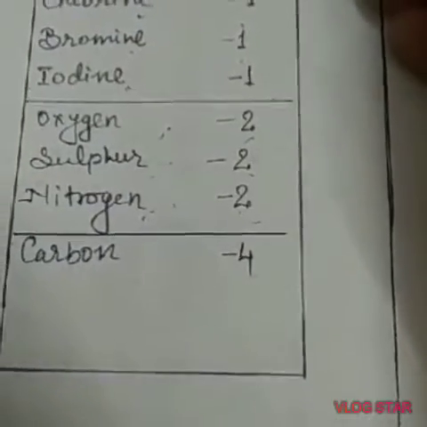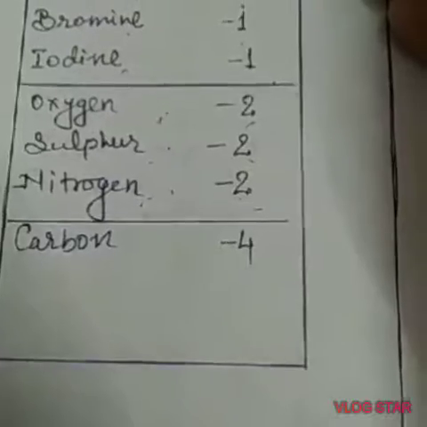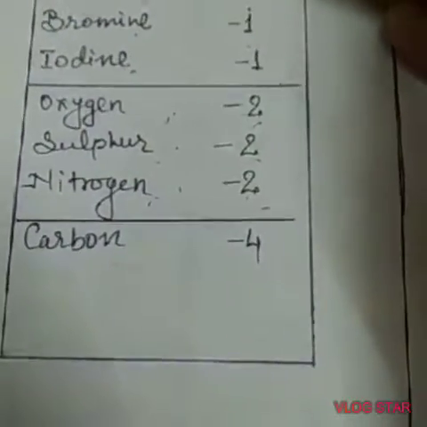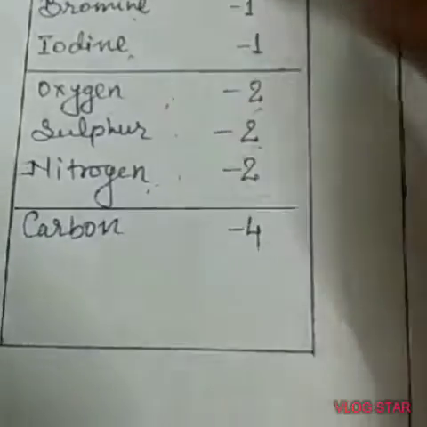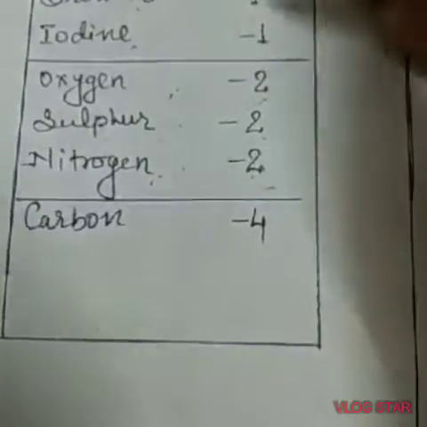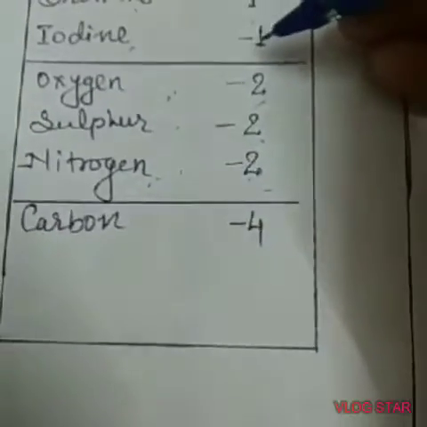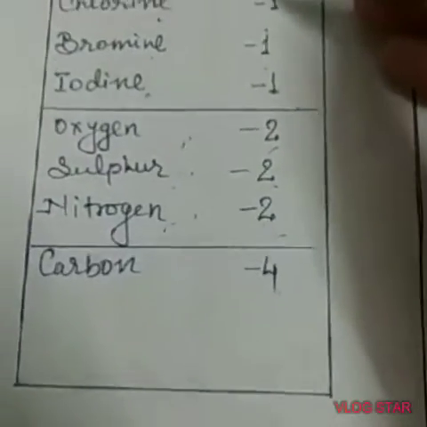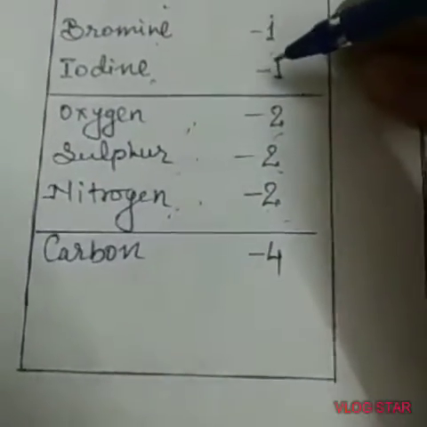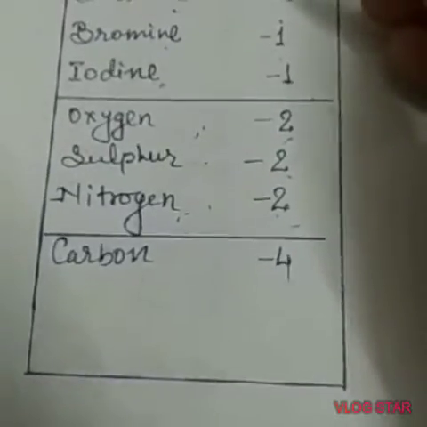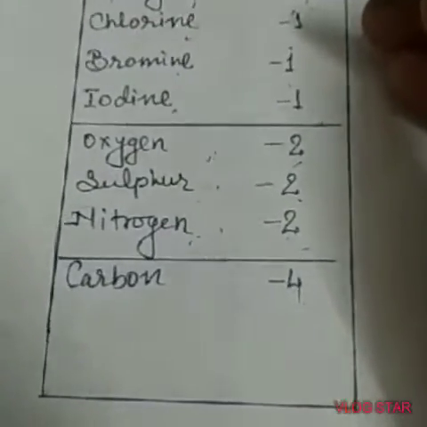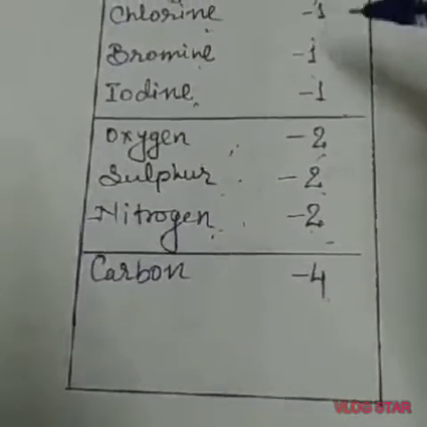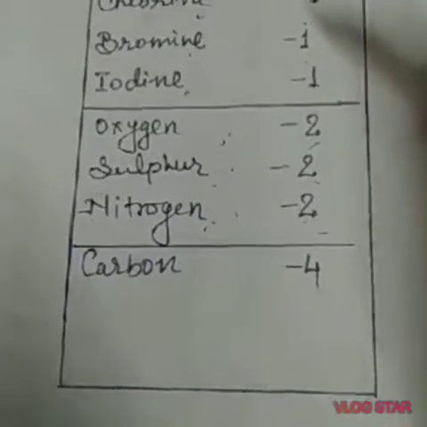Similarly, recall some elements with negative valency. Here you can see chlorine -1, similarly bromine -1 and iodine also has -1 valency. Elements which have -1 valency need 1 electron to complete their octet.